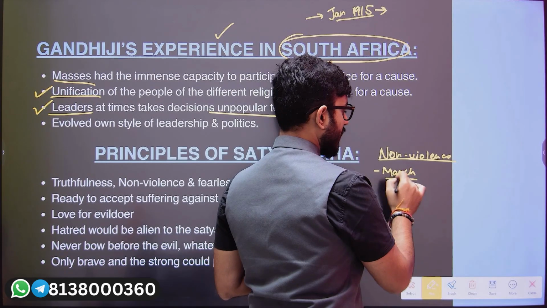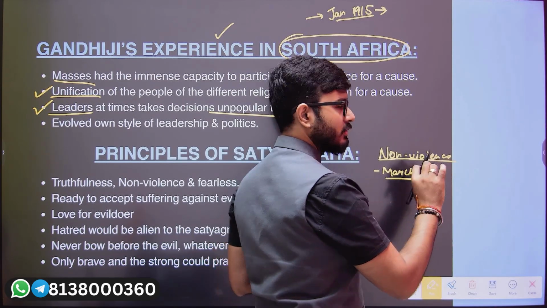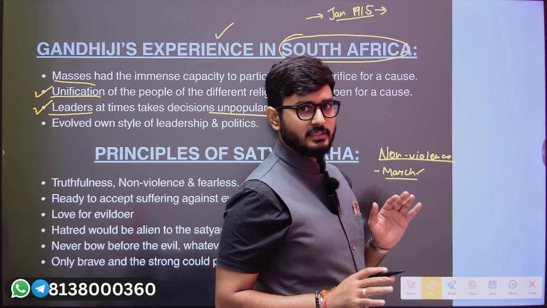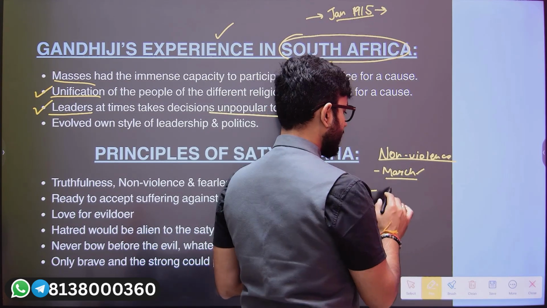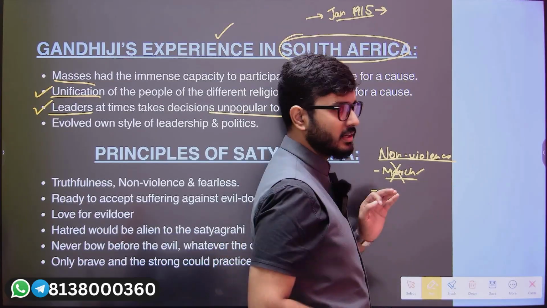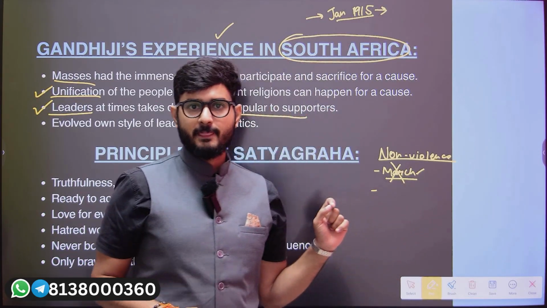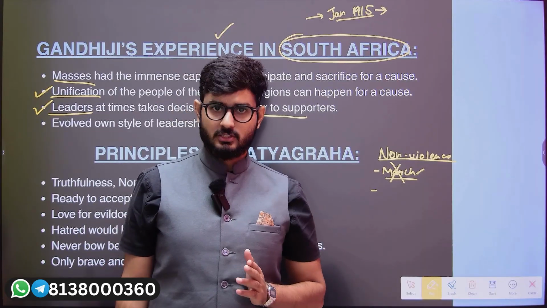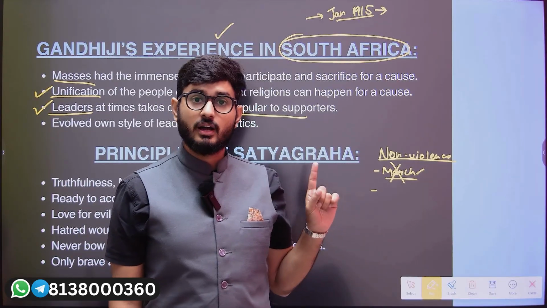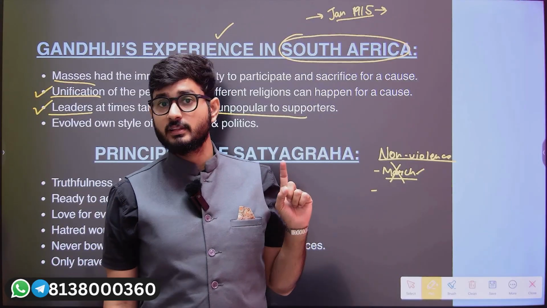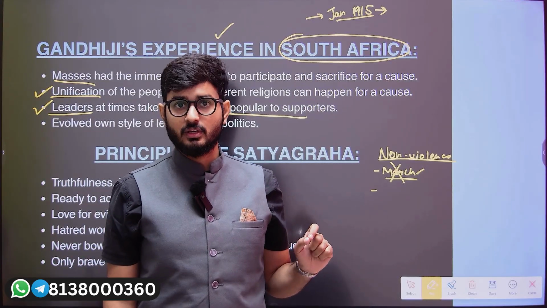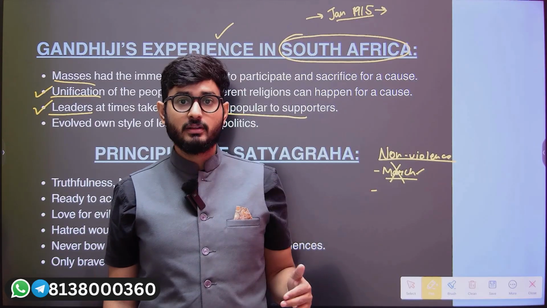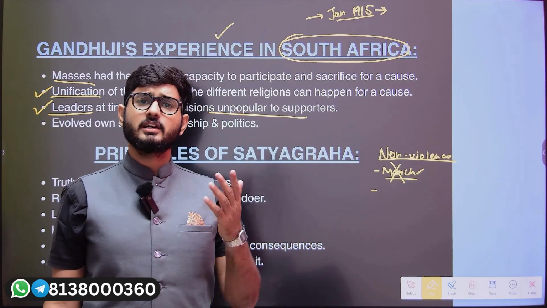However, in that march, a small violent activity happens, and because of that, Gandhiji says that we should cancel the march. But the followers say no, we should continue the march. Gandhiji says there was to be non-violence, but violence happened, and that is why we have to cancel it. But the followers say, why cancel it, let's continue.